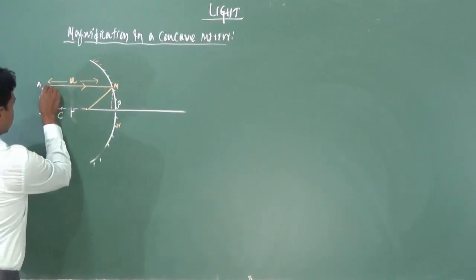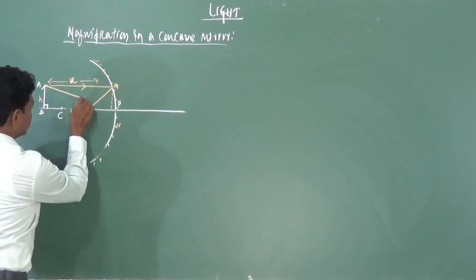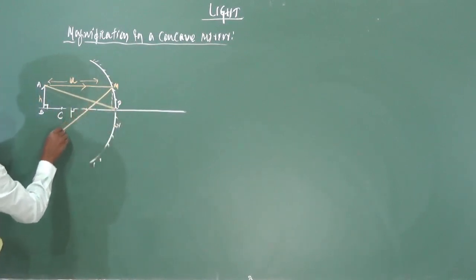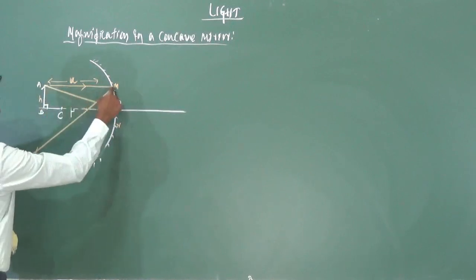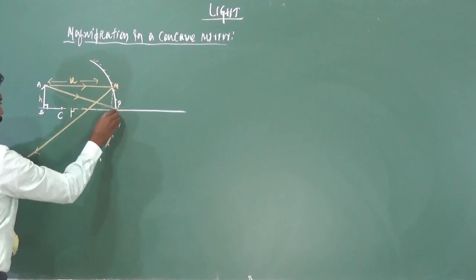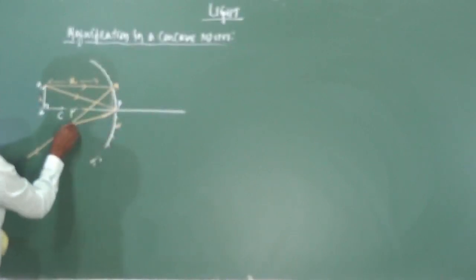Let the second light ray pass through the pole itself. It will be easy for our derivations. This is the reflected light ray, that is AM. This is another light ray striking at the pole of the mirror. So it is going to reflect back somewhere here.